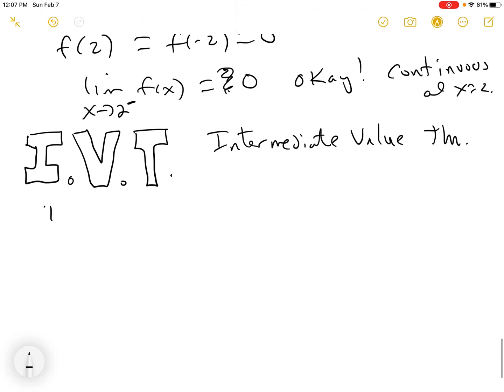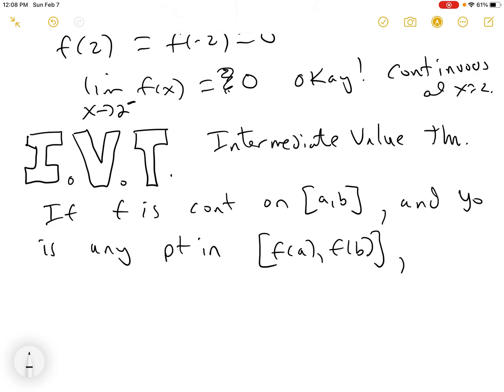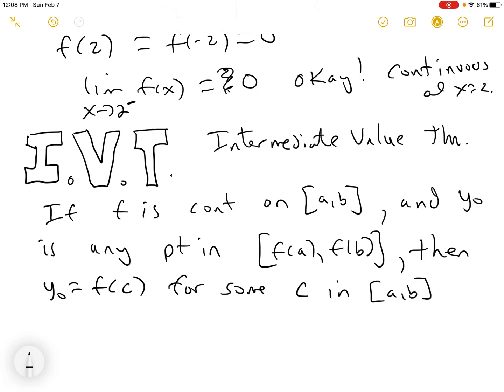So if f is continuous on the closed interval [a, b], and y naught is any point in the y interval, so this is going to be f of a to f of b, then y naught equals f of c for some c in the x interval [a, b].